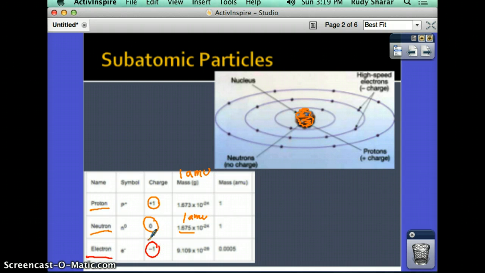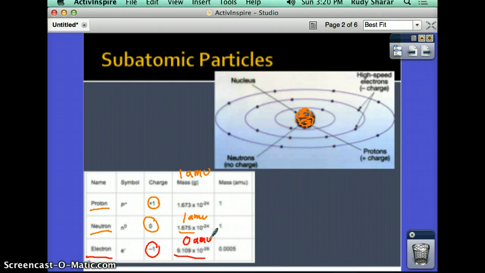And the electron has a mass listed here of 9.1 times 10 to the negative 28. Okay? Now, if you remember from AP Chem, we said the electron had a mass of 0 AMU. Well, now I'm saying it's 9 times 10 to the negative 28.